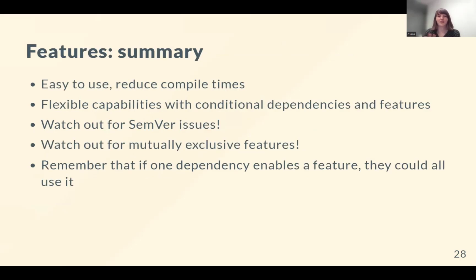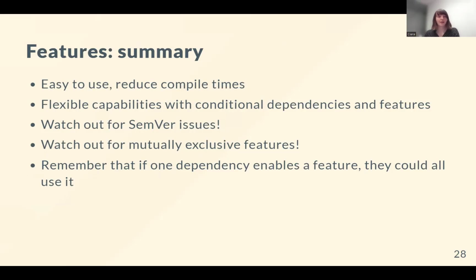So to summarize the features section there, they're really easy to use. You just add them to the cargo.toml, and then you can use config features equals in your code to conditionally enable or disable different bits of functionality. They're pretty flexible, and you can conditionally enable additional dependencies with them, but also features of your dependencies.